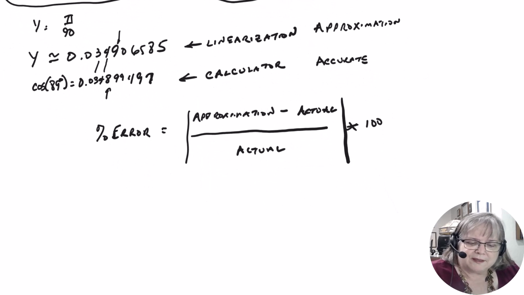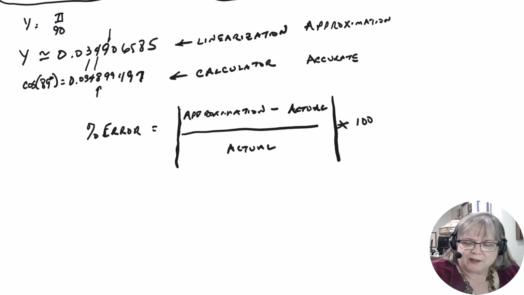Now, because it's absolute value, it doesn't matter if you decide that you're going to do the approximate minus the actual or the actual minus the approximate, because you're going to take the absolute value of it.